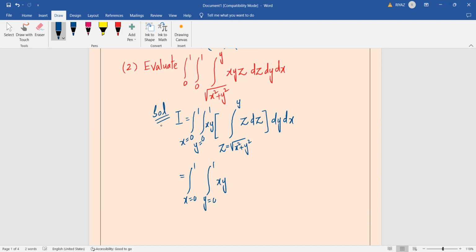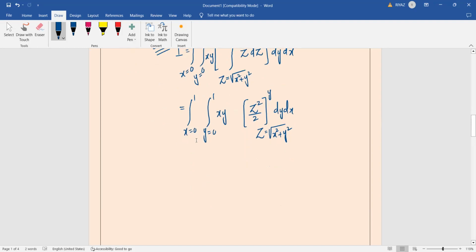This is xy into integration of z is z square by 2, and their limits are z is equal to root of x square plus y square, and upper limit is y, and here we have dy, and here we have dx also. Now 1 by 2 is a constant, so we take it totally out.